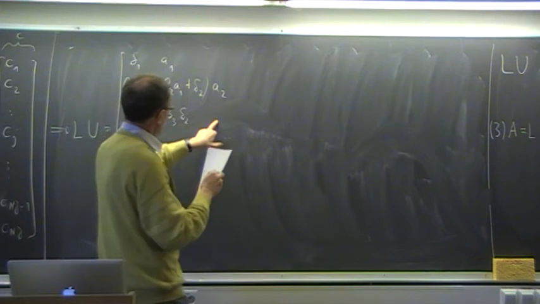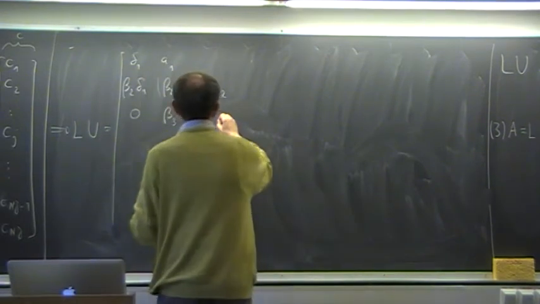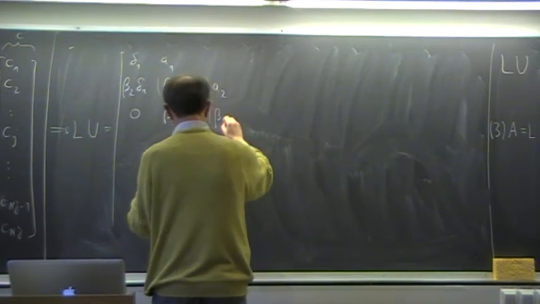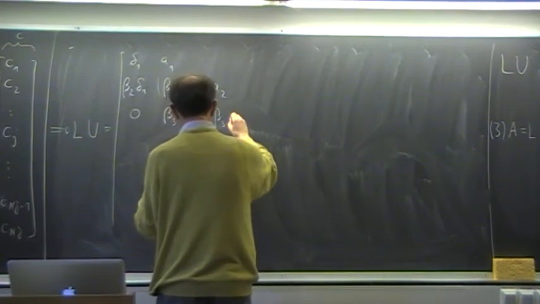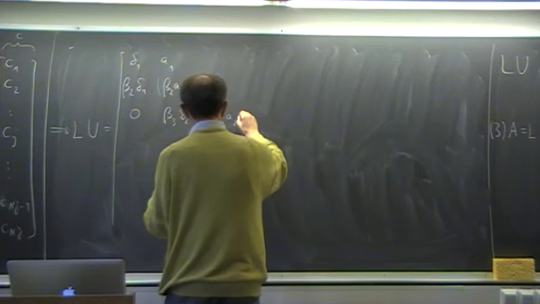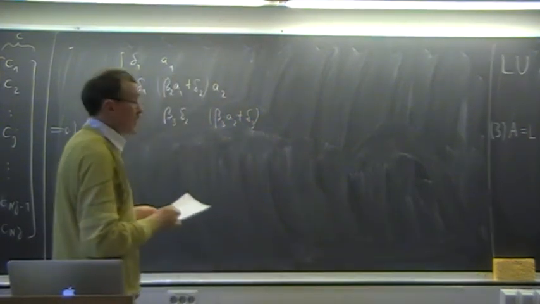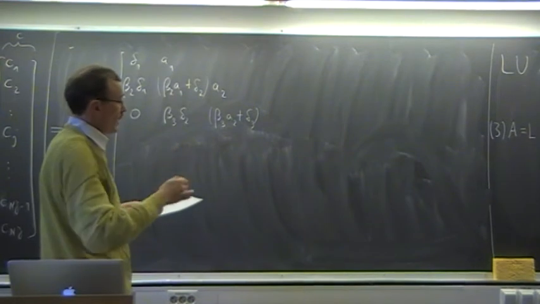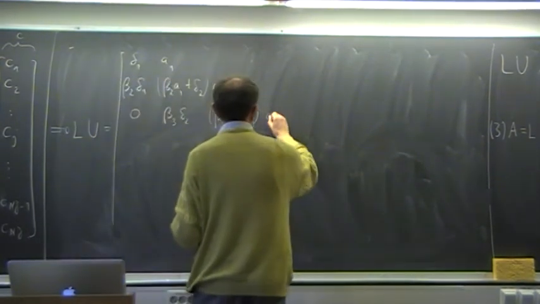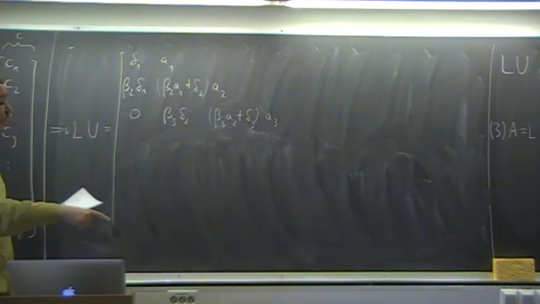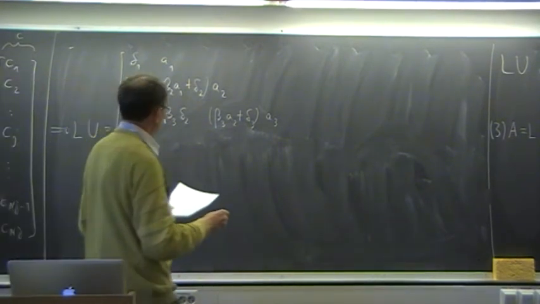Now we get again in the diagonal, and I write it in this form to make it clear. Beta 3, A2 plus delta 3. That is sitting in the diagonal. And the off diagonal will give us just A3. So this pattern will continue all the way through.